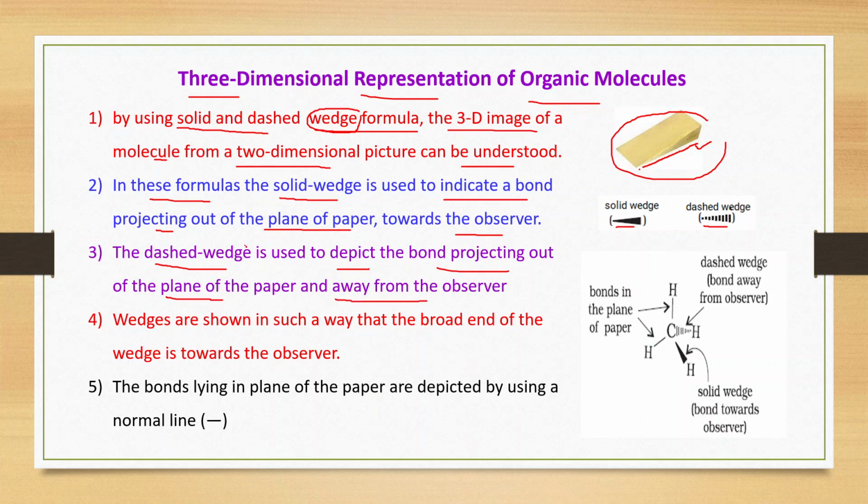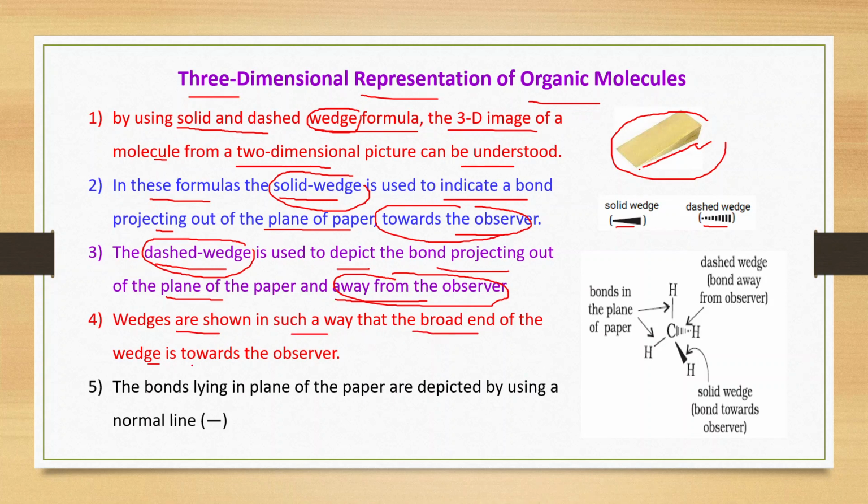Again remember, the dashed wedge indicates the bond which is away from the observer, and the solid wedge indicates the bond which is towards the observer. Wedges are shown in such a way that the broad end of the wedge is towards the observer. Bonds lying in the plane of the paper are depicted by normal lines.